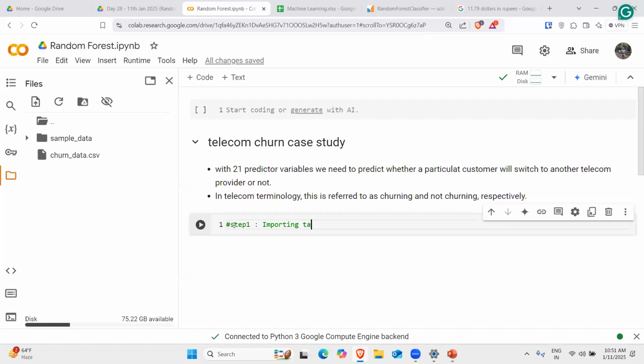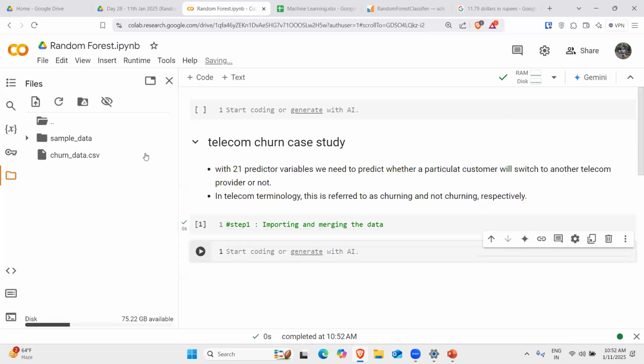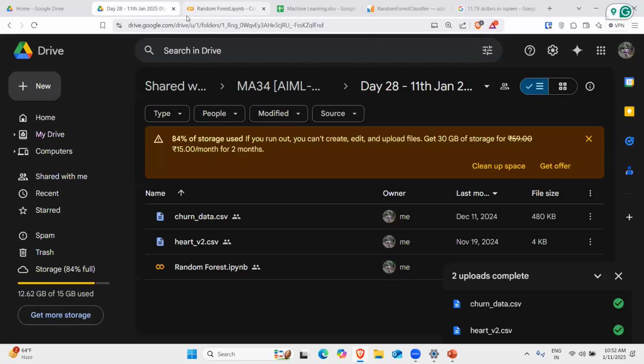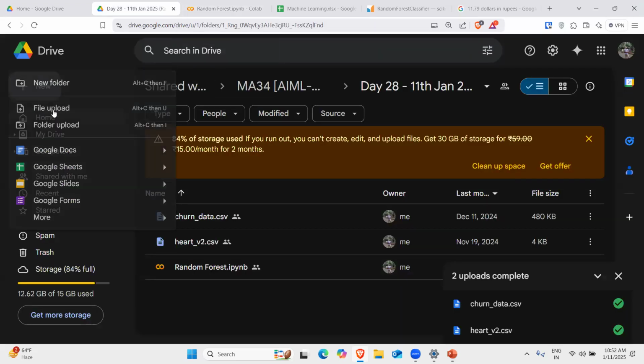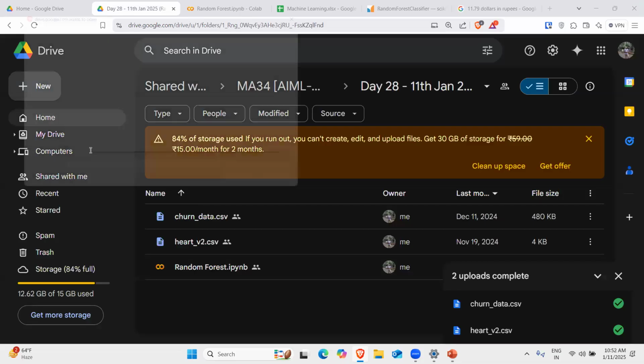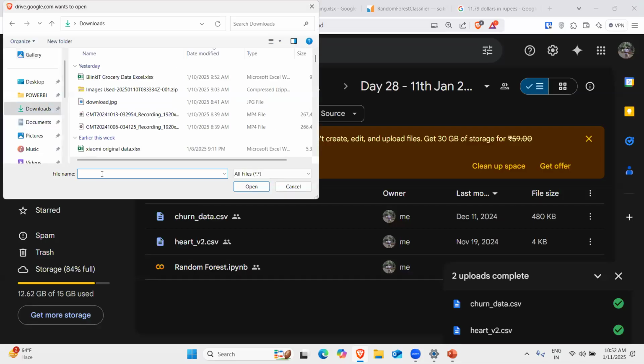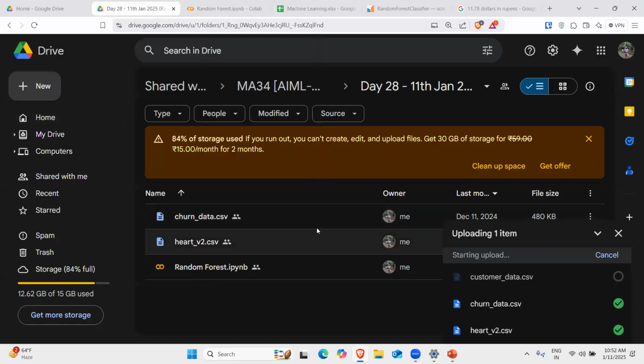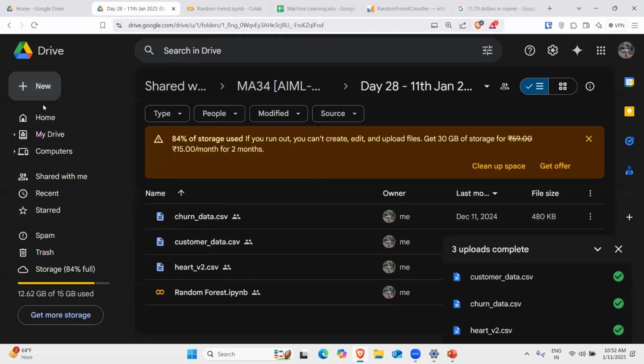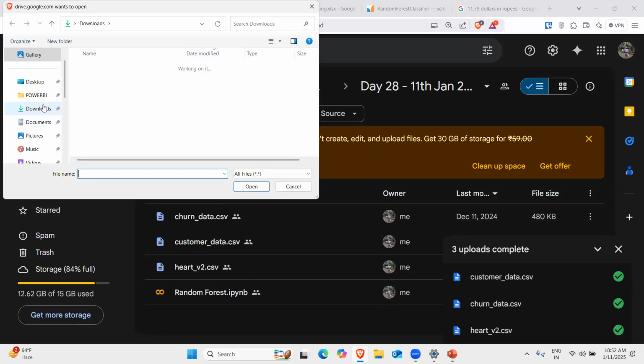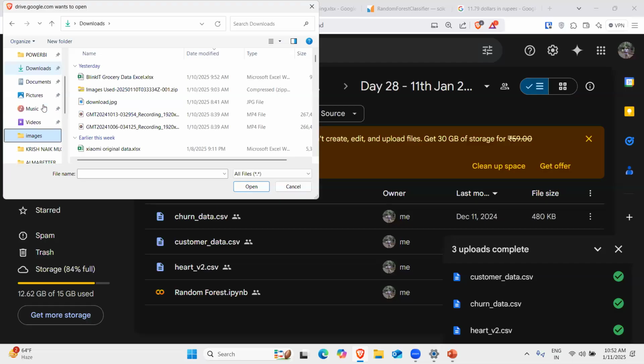importing and merging the data. I think we will require not only one but three data sets, so I'll upload them quickly over here. We are going to use customer data, which is already here, and we are going to use internet data, which is over here.